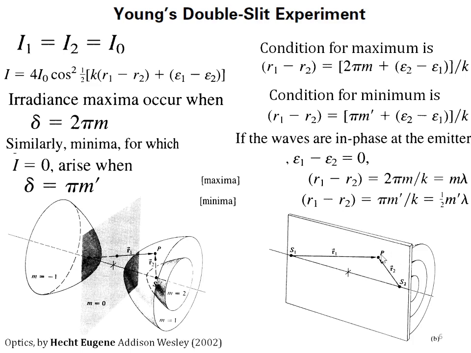If you have a maximum on this plane and you rotate this plane through 180 degrees, the maximum will remain in this position. That means the interference pattern has a cylindrical symmetry, right? So it will have cylindrical symmetry.